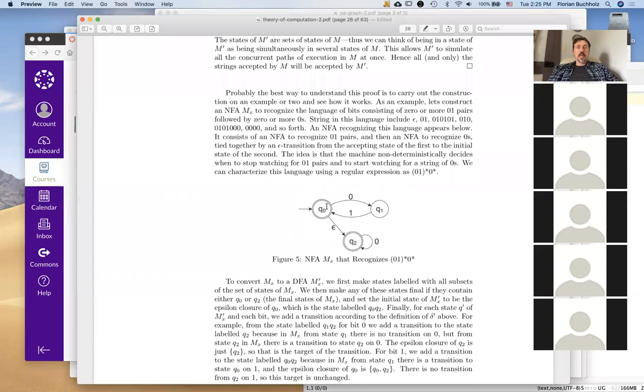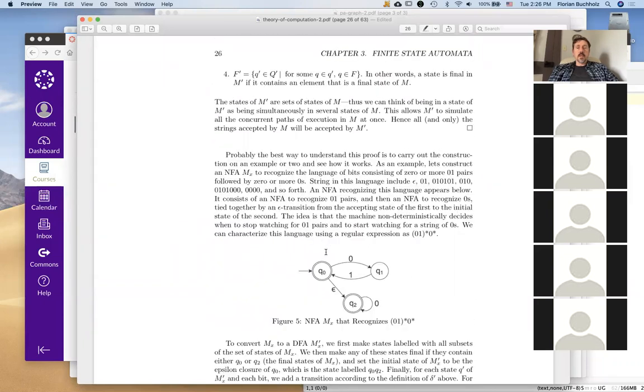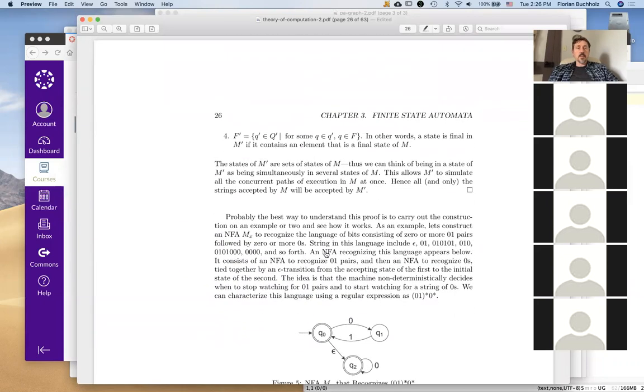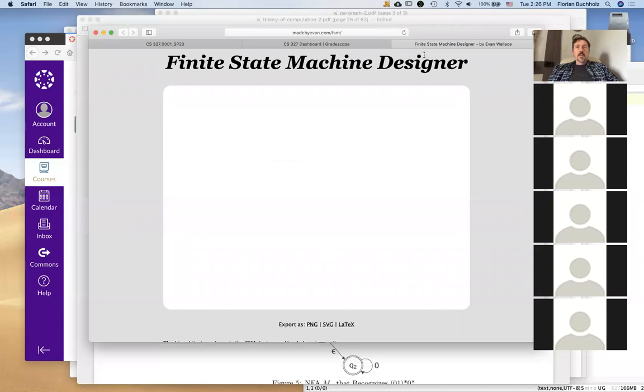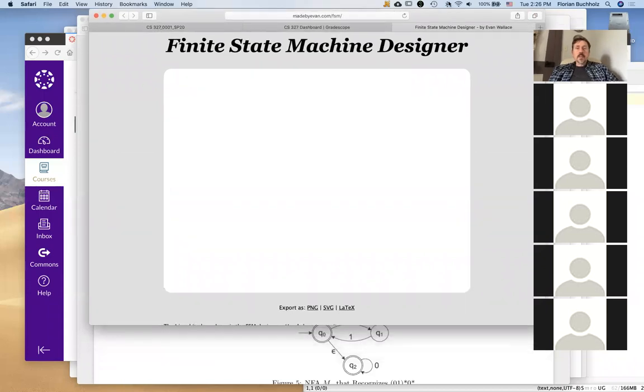So if we're now back to this, this is our NFA here. We want to convert that. I'm just going to keep it around at the bottom here. Move that up a little bit. Is that still okay like that? I suppose. Yep.